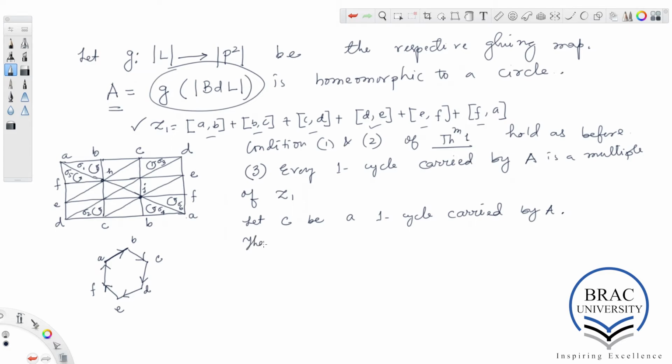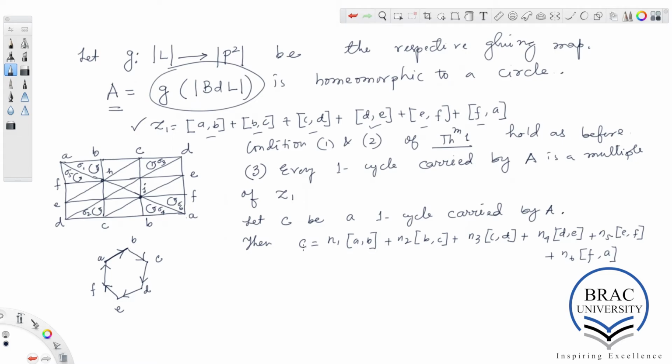Then C is equal to N1 AB plus N2 BC plus N3 CD plus N4 DE plus N5 EF plus N6 FA, which means that the value of this one cycle C on the oriented one simplex A comma B is N1.